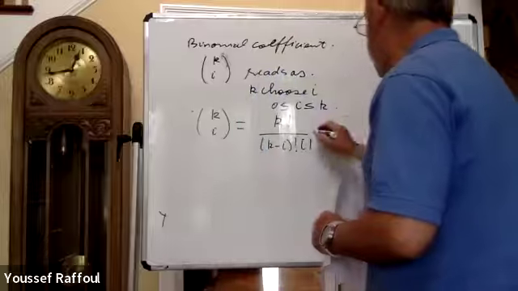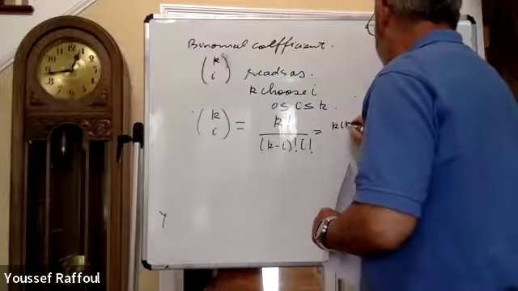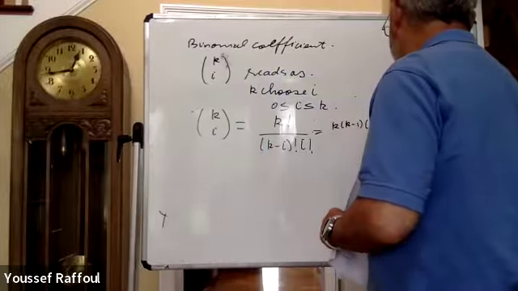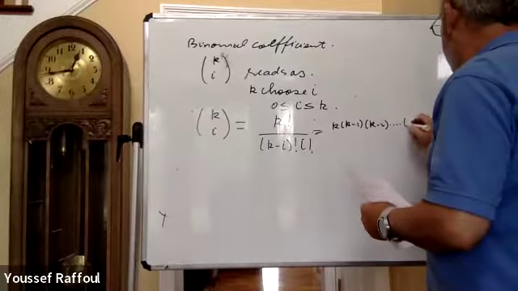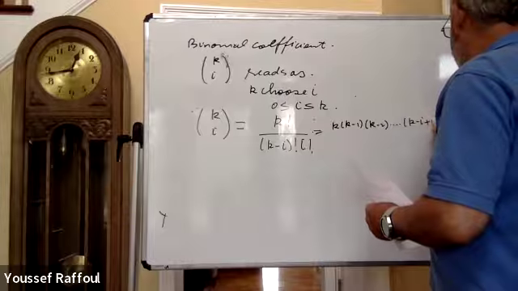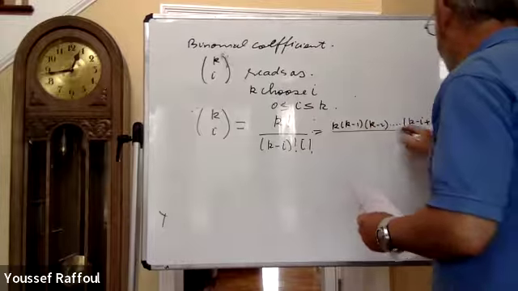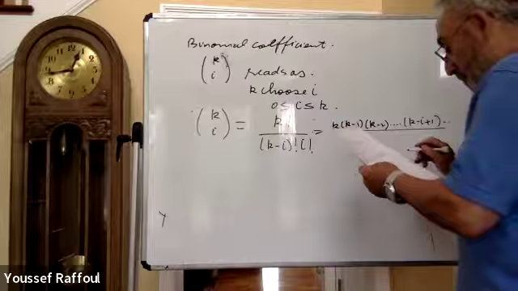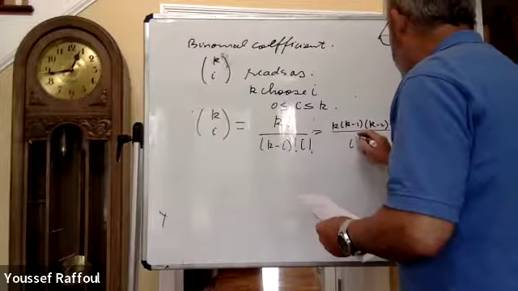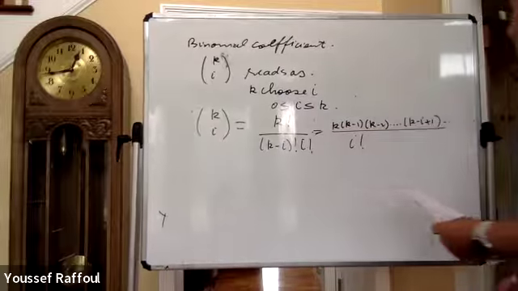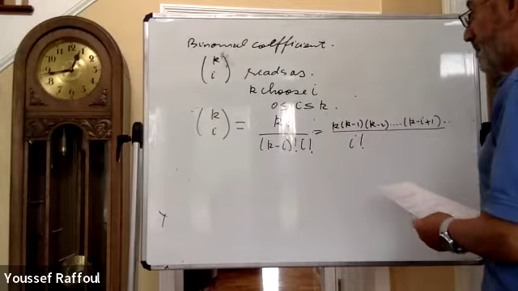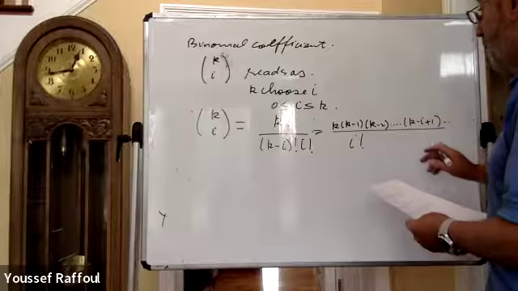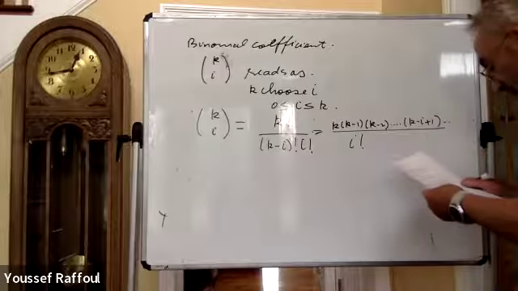And that can be written as k times k minus 1, k minus 2, up to k minus i plus 1 divided by i factorial. Because you have k minus i factorial, so they simplify.